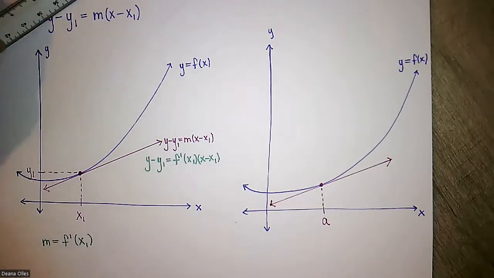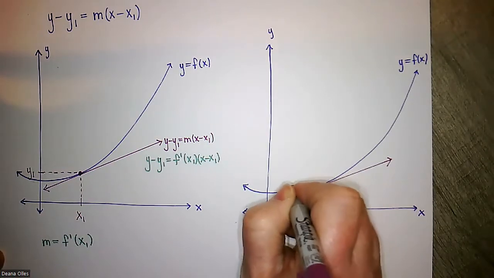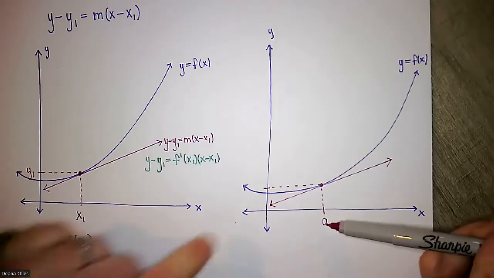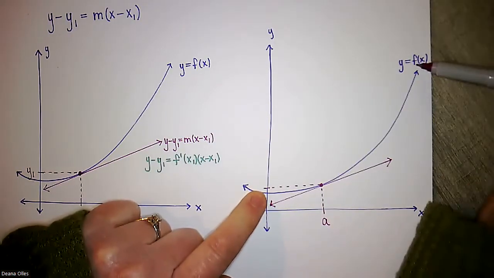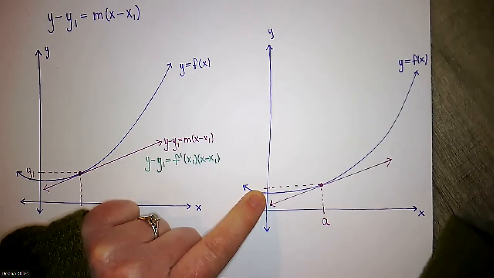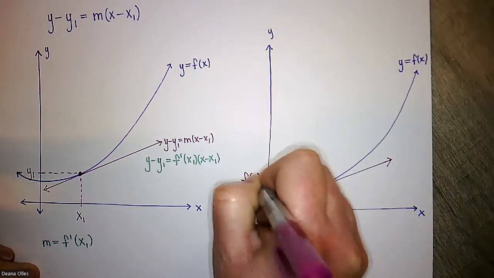Okay. And the y value at this coordinate point, instead of saying y1, I could say the y value is when I evaluate the function f at the value for a. So the y value here would be f evaluated at a.